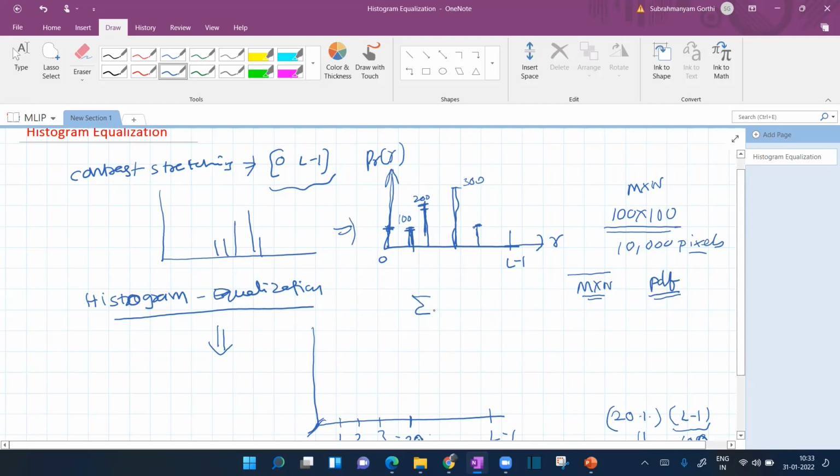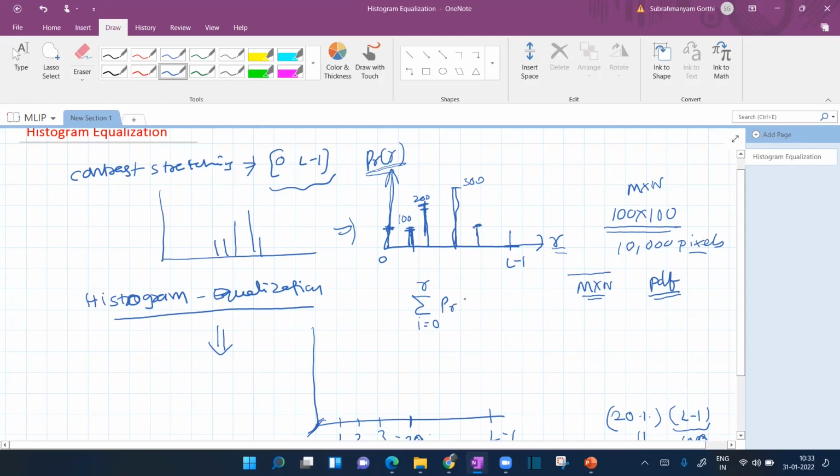Can you say it in formula also, because later it will be useful for us? Summation of PR of R. Now tell me what should be the property to be satisfied here.